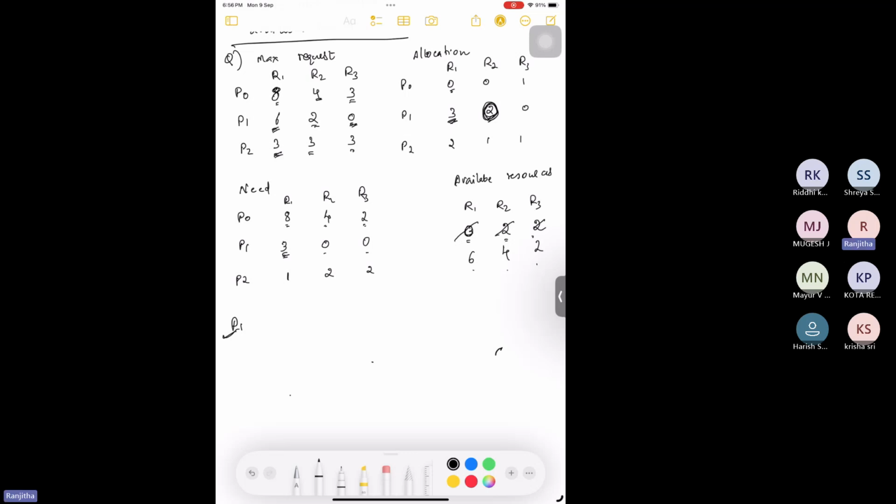So already 2 was available, and another 2 more becomes available. So it becomes 4. Okay, ma'am. So when a process completes, all that is allocated to it will be released. Okay.